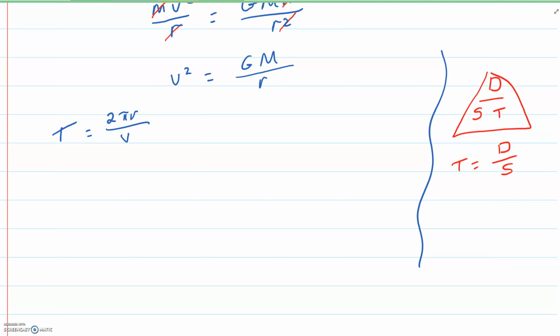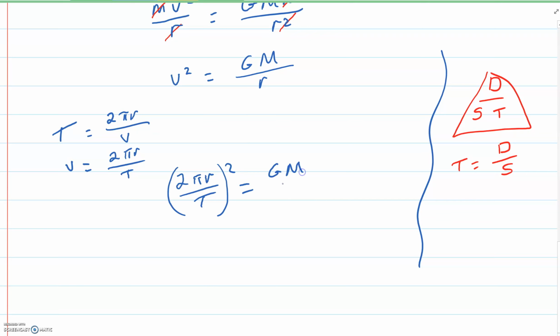So continue from here. We know that t is equal to 2 pi r divided by v. Well, in that case, v then is 2 pi r all over t. So substitute that into v up here, and we have 2 pi r all over t, all squared, is equal to large G, large M all over r.